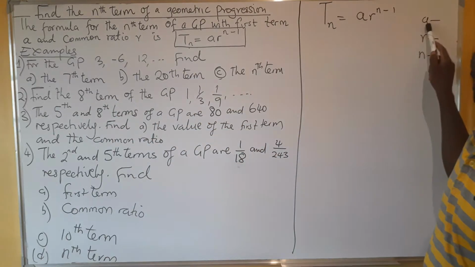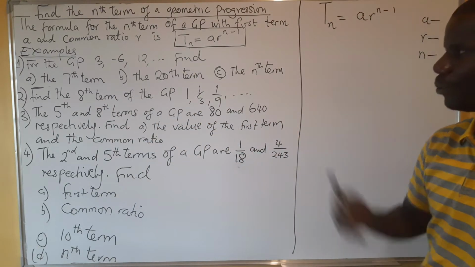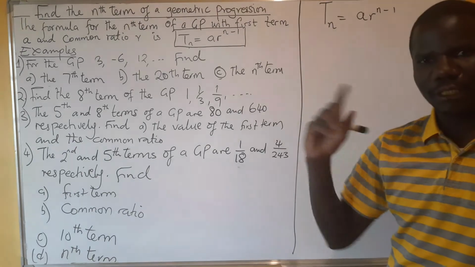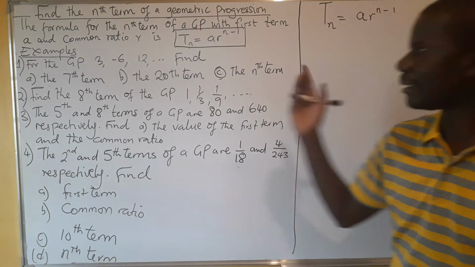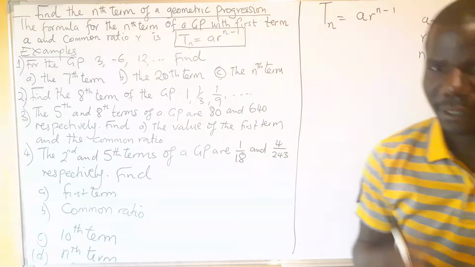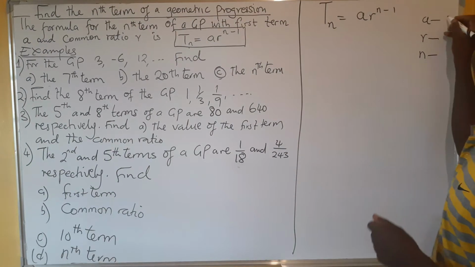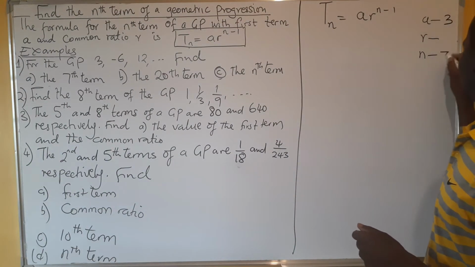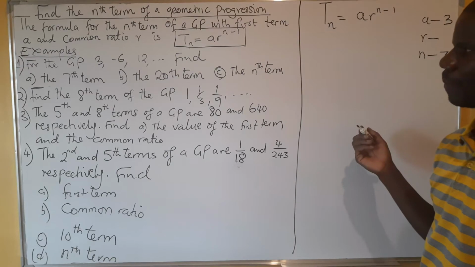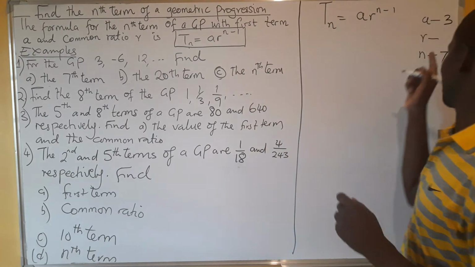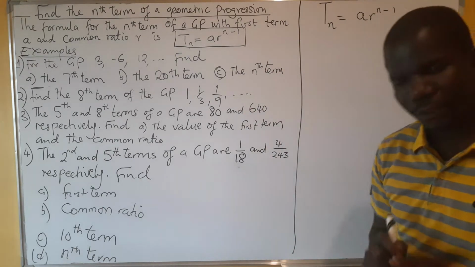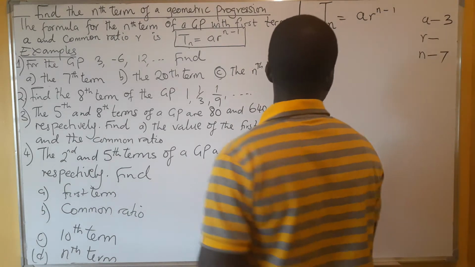Then a is the first term. You look at the GP, the first term given. In this case, the first term is 3. n is given, it's 7. Then the common ratio, which is what we presented in the previous lesson.